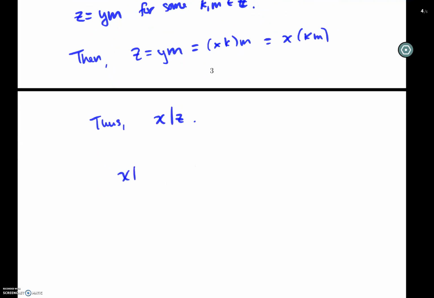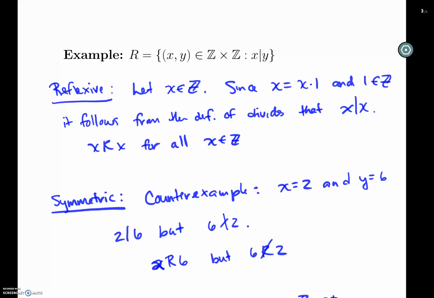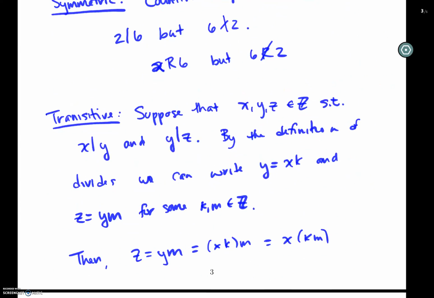That is, x related to y and y related to z implies that x is related to z. So this relation, x divides y, is reflexive, it is transitive, but it's not symmetric, so it's not an equivalence relation.